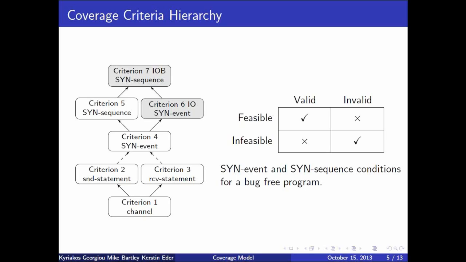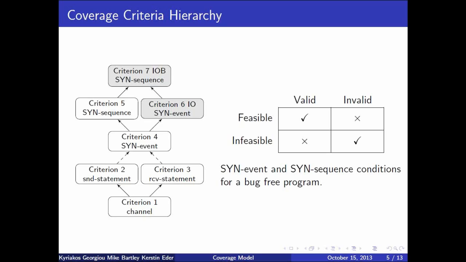Criteria 6 is in-order sync events, which take into consideration whether the send statement or the receive statement is reached first in the execution. Criteria 7 is in-order-based sync sequences, which take the sync events into consideration in order. In our case studies we omit the last 2 criteria, because we are dealing with a synchronous blocking message passing model, where we don't care which event was reached first.